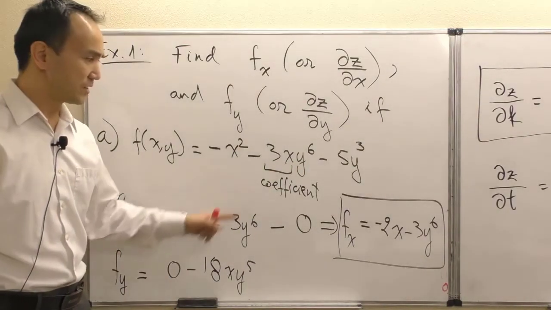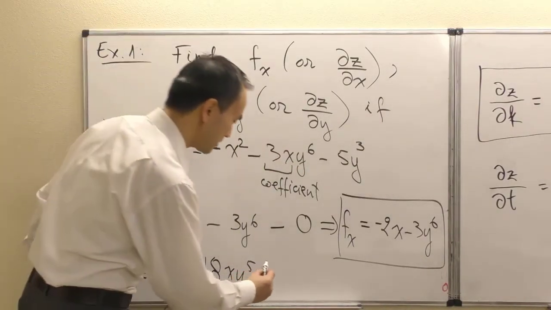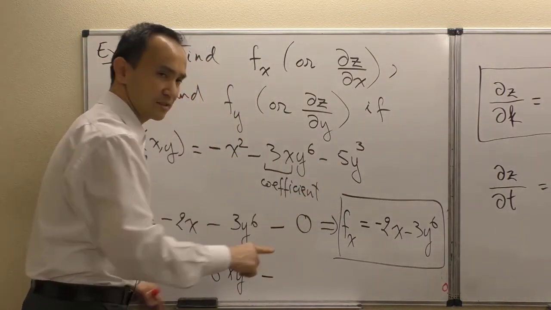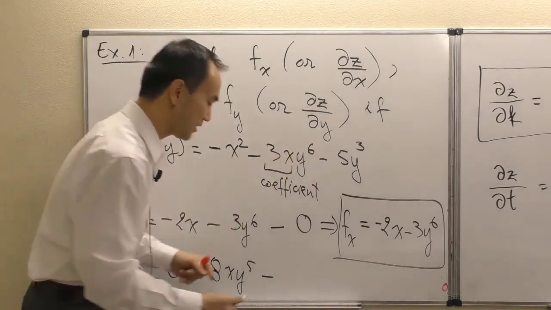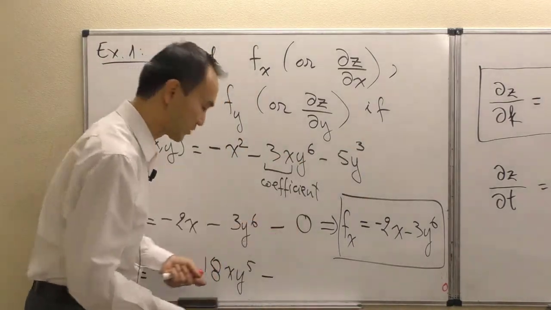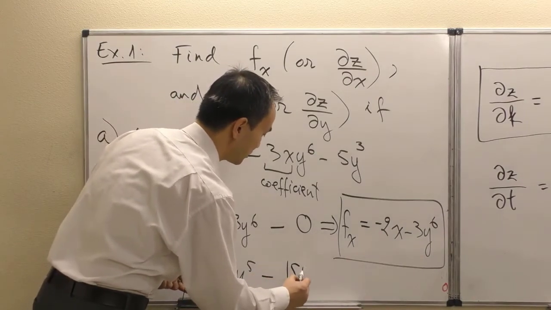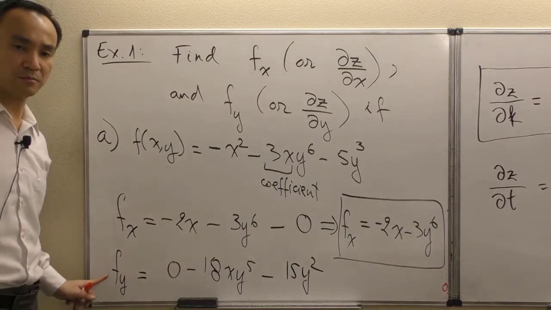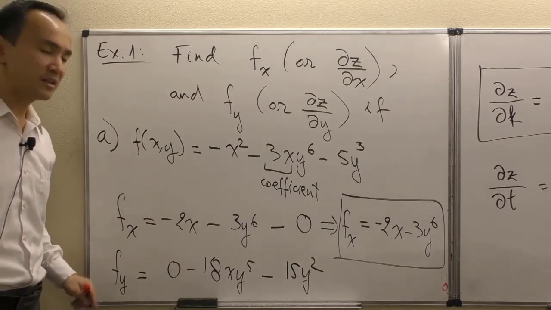All right, and so now let's move on. Now I'm going to subtract. Now we're looking at a term that has entirely just y, so now it's easy. That's just like back to the thing we've been doing in the old days. So this is minus 15y squared. We're done with the partial derivative of this function in terms of y.